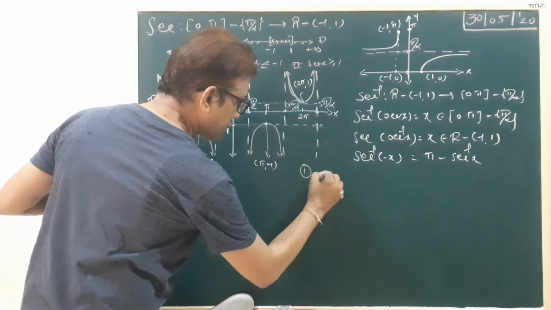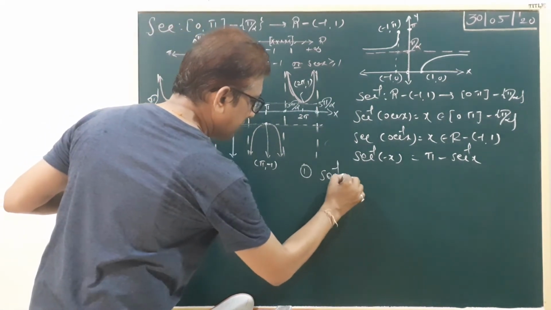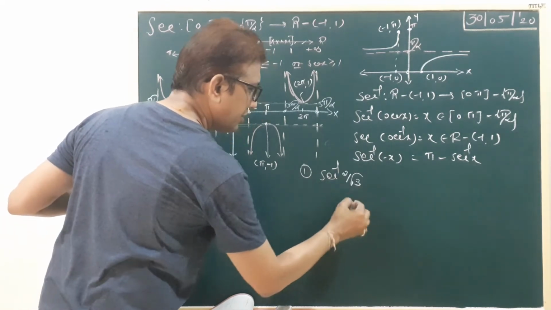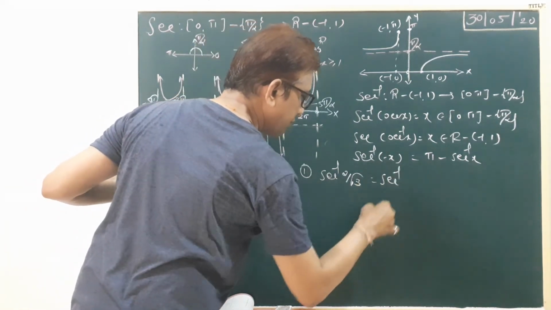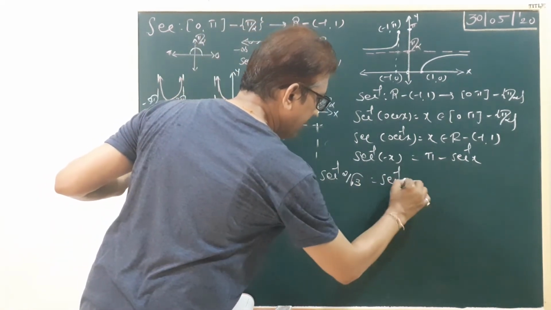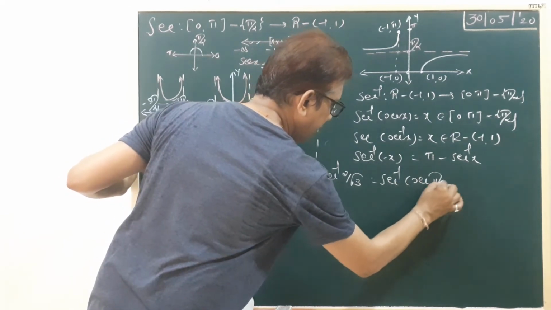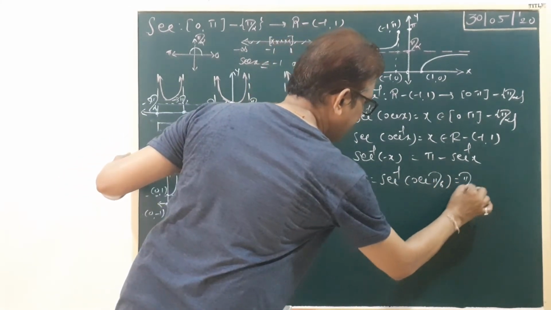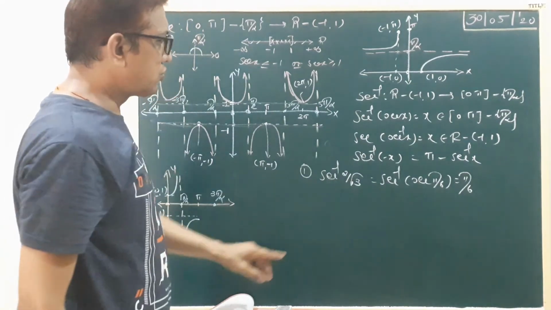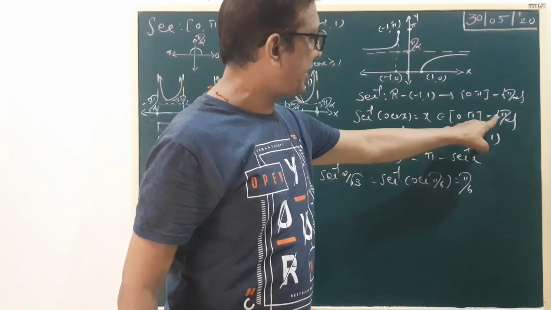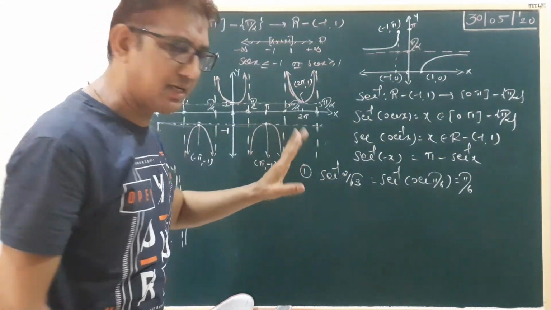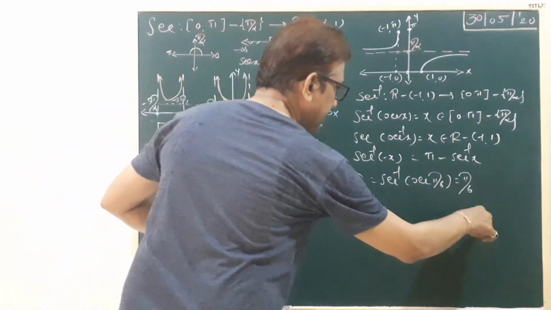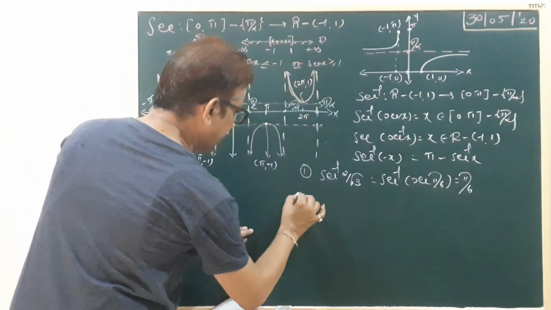First sum: sec inverse 2 by root 3. That means sec pi by 6, answer is pi by 6. Clear? So pi by 6 belongs to 0 to pi minus pi by 2. Okay.